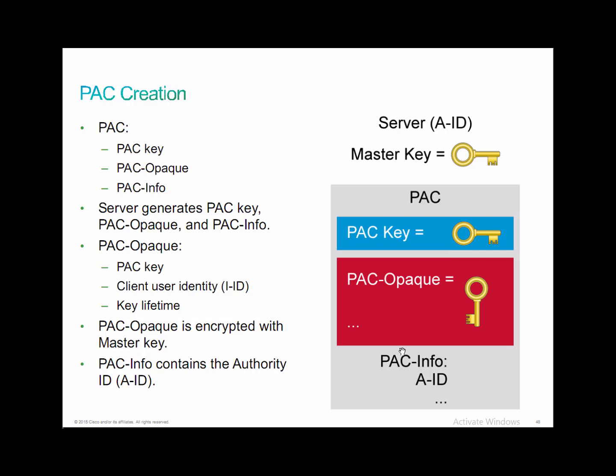Once the PAC has been created, it gets sent to the client. That PAC can be sent during an auto provisioning process in phase 0, or we can go through a secondary process called a PAC refresh in phase 2. We can also manually create those PACs and install them on the clients manually.